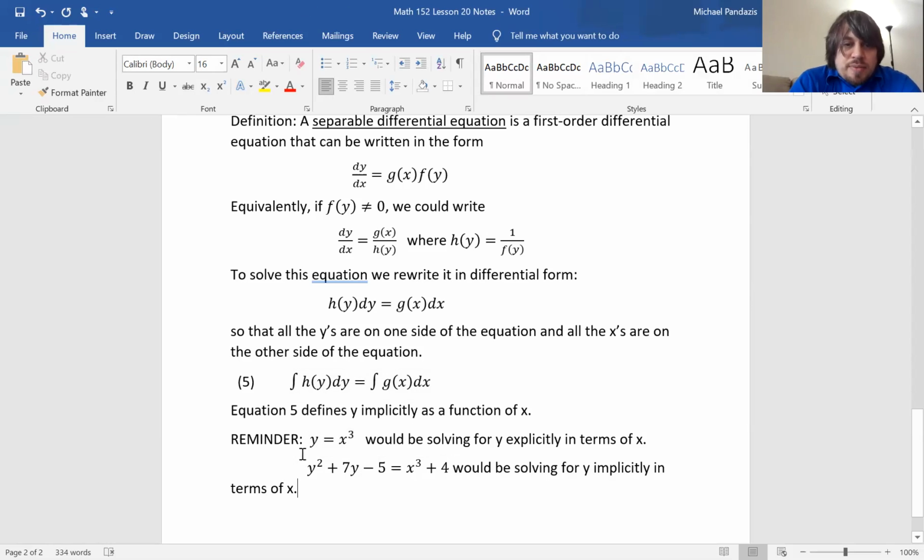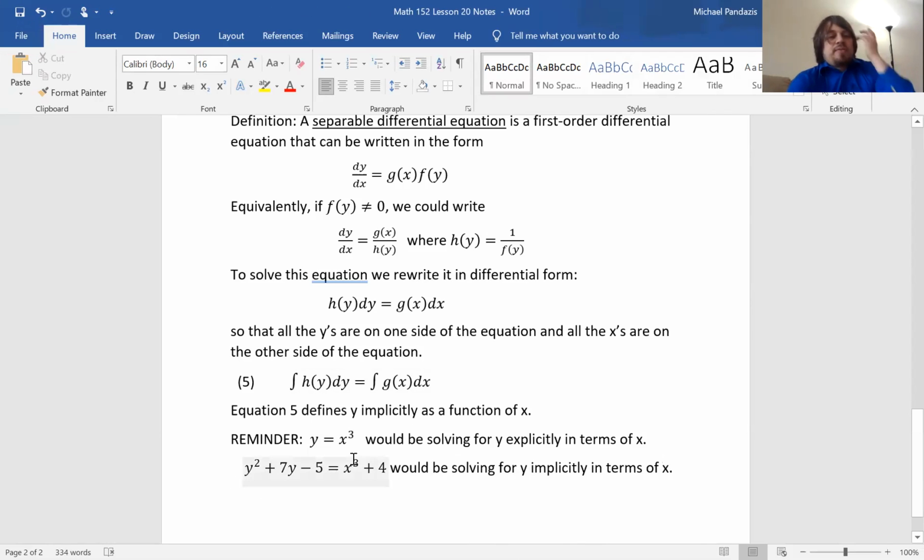Sometimes when you solve for y, you just get that it's a solution of an equation instead of getting explicitly what it is, and that can be fine.